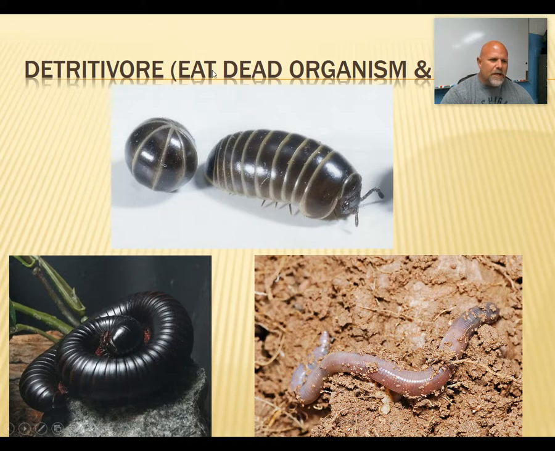And then detritivores, detritus is dead and decomposing stuff. So these are going to be organisms that eat dead and decomposing material. Now, how do these differ a little bit from a decomposer? We kind of consider these guys decomposers, but they literally have mouths and they are eating the material and breaking it down more in that way.